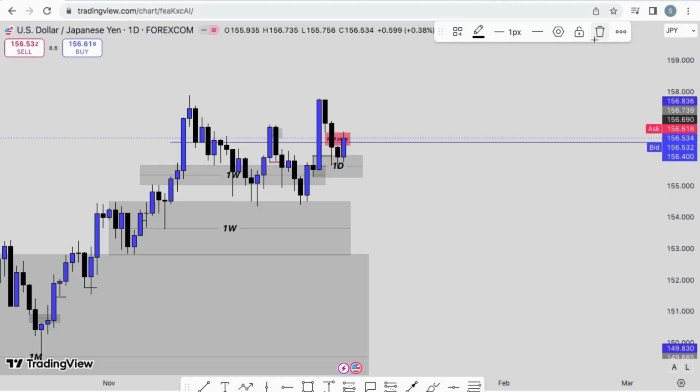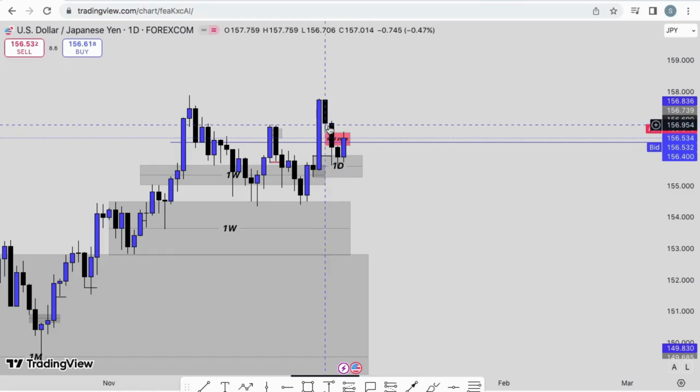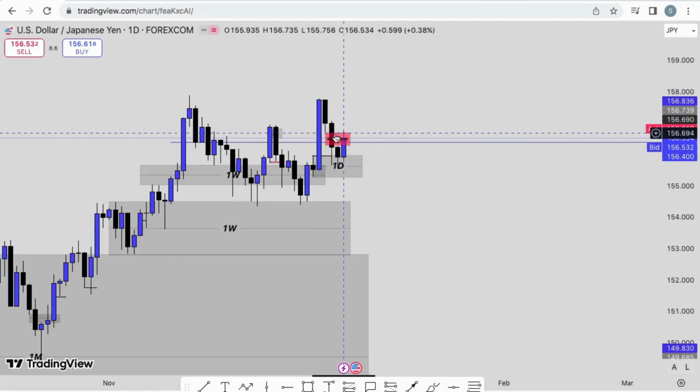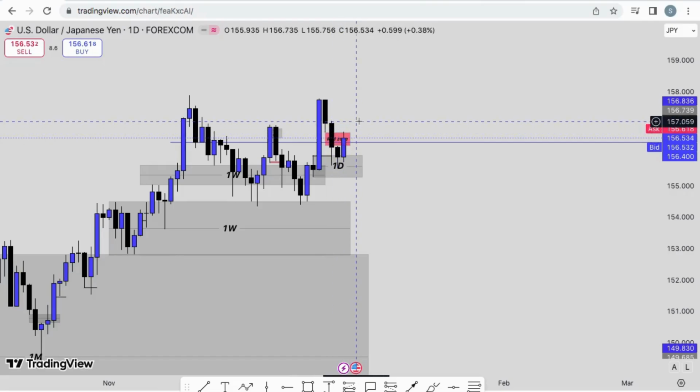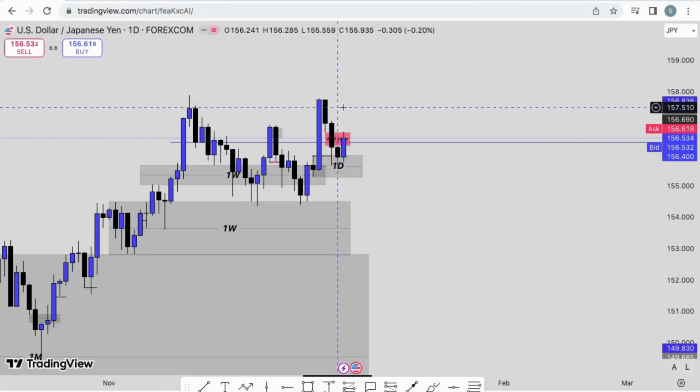So now that we've established that we have this obstruction here, how then do we bypass it? Because if we say we want to wait for the daily time frame candle to close above it, we might get a straight parabolic daily candle that just goes to our target without even giving us an entry.